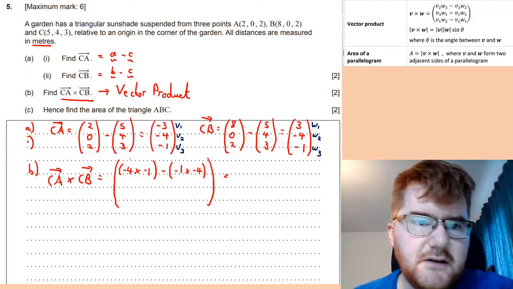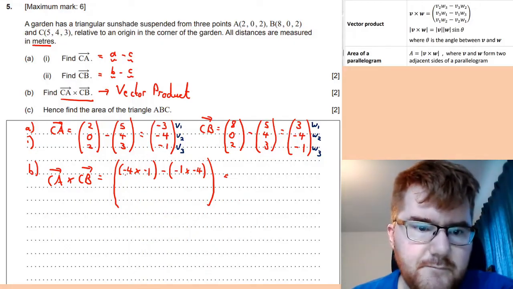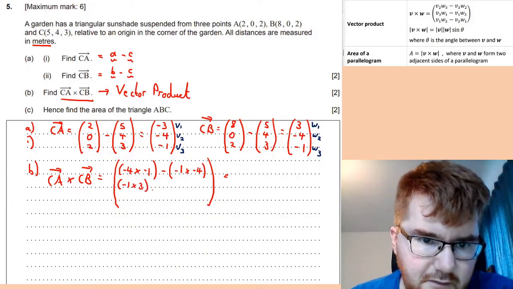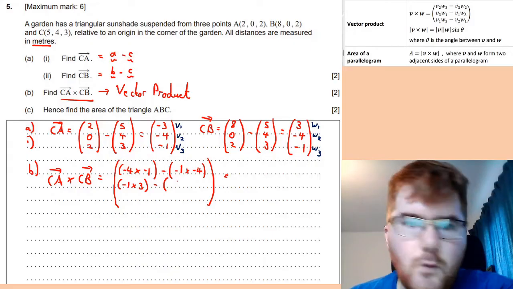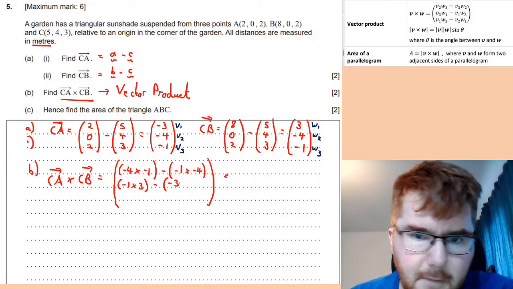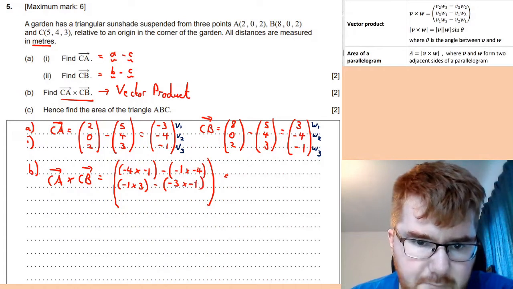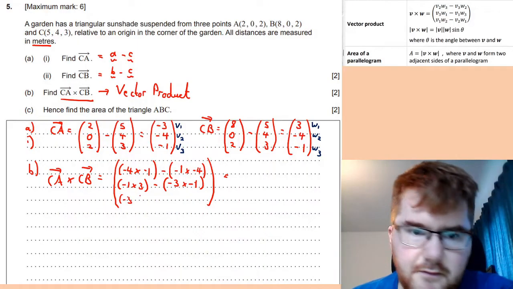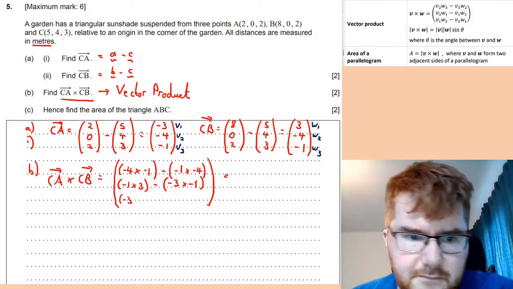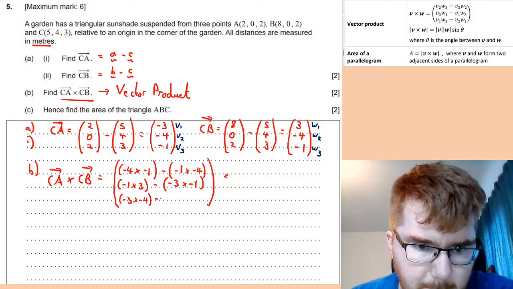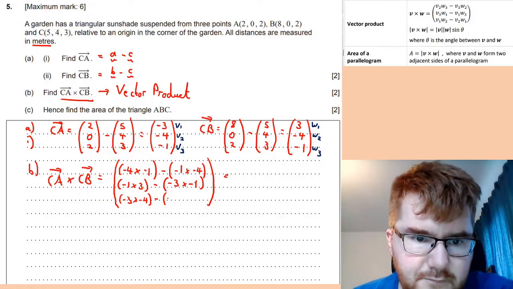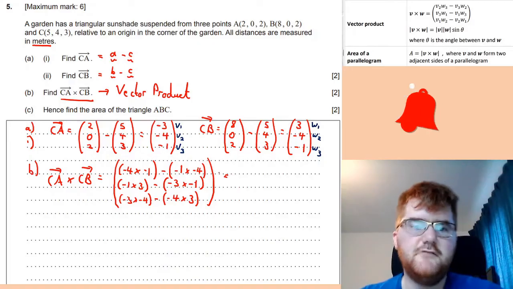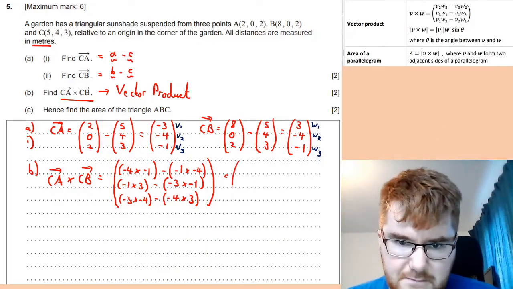Then the second part, V3W1, so minus 1 times positive 3, minus, and now V1W3 the other way around, so minus 3 times minus 1. And now the last part, V1W2, so that's minus 3 times minus 4, minus the other way around, V2W1, so minus 4 times positive 3. Notice I've written this very carefully, so I'm trying to avoid making any mistakes.